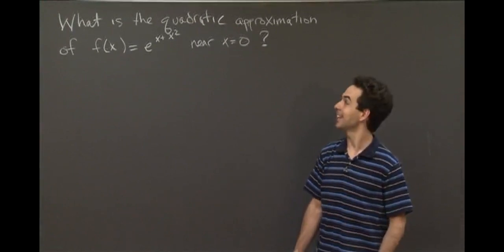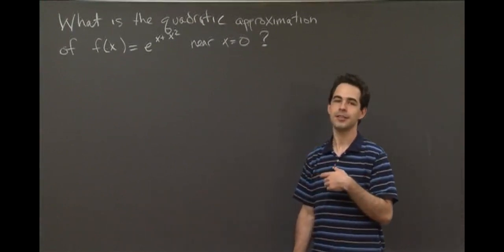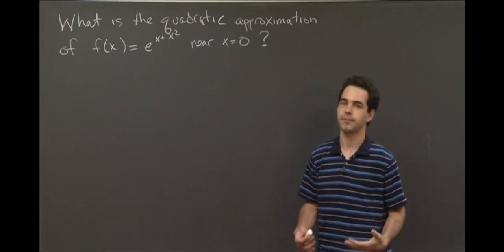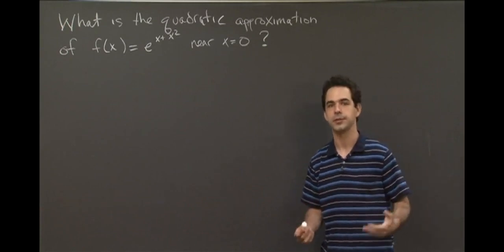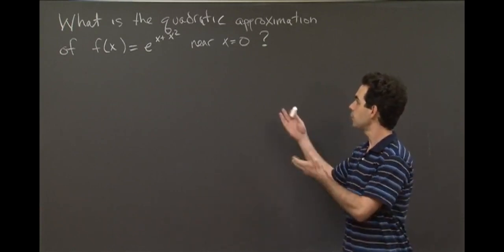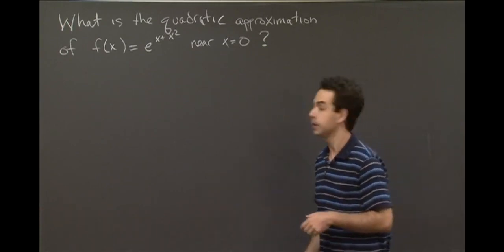All right, welcome back. So there are two different ways we can do this problem. Let's first do it the totally straightforward way, which is that you have this formula for quadratic approximations in terms of the derivatives of your function, and we can just apply that formula.